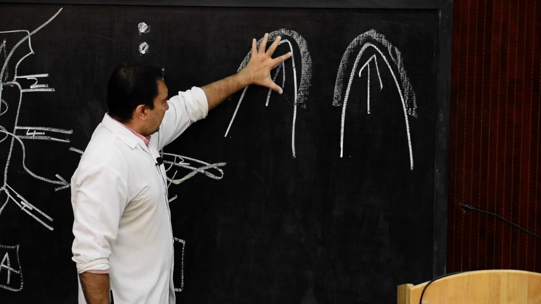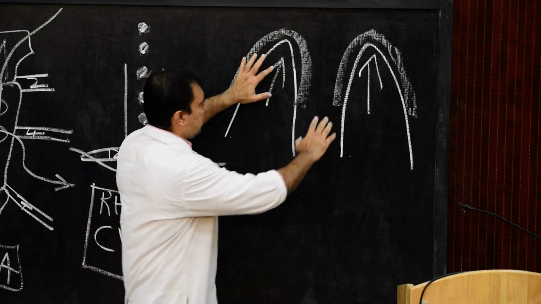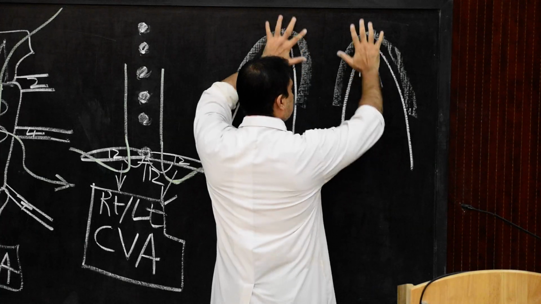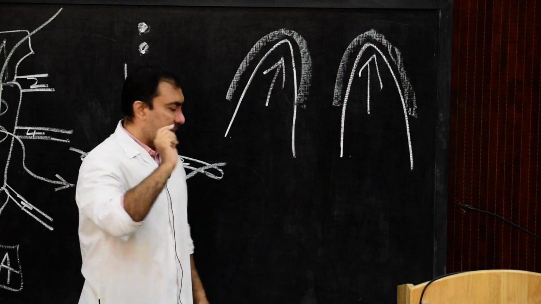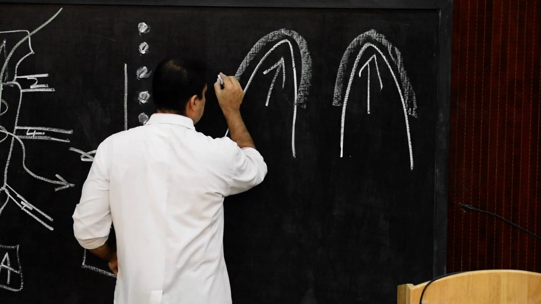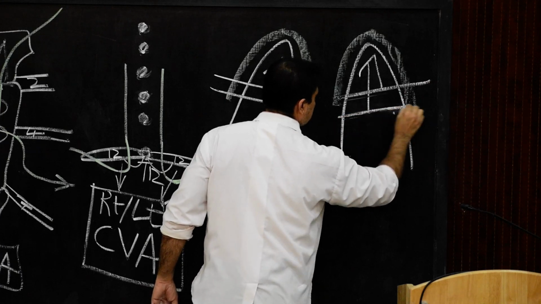Now over here, the cervical pleura will ascend in the root of the neck. That means these two cervical pleurae are ascending in the root of the neck 3 to 4 centimeter above the level of the first costal cartilage.